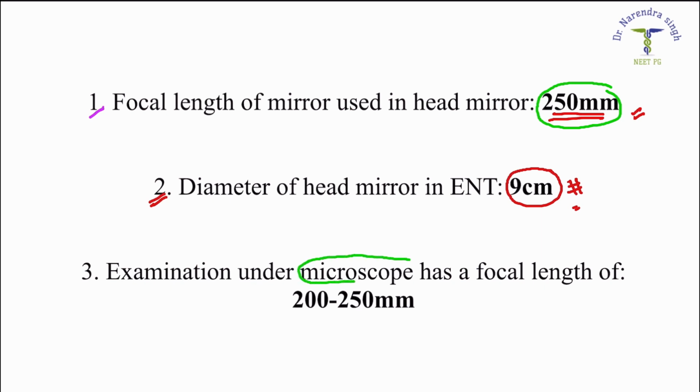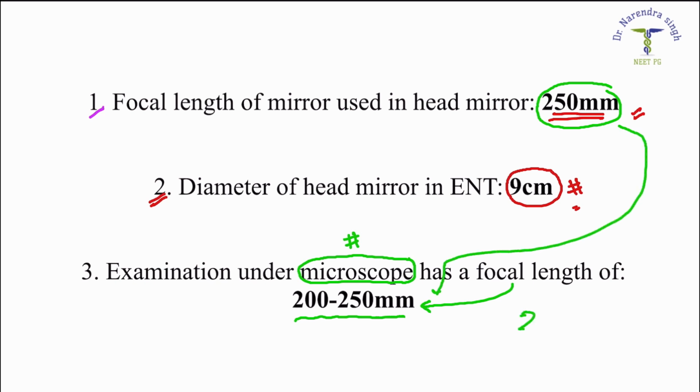The microscope commonly used for ENT surgeries has a focal length of 200 to 250 millimeters, which is similar to the focal length of the head mirror. For learning purposes, the head mirror focal length is 250 mm, whereas the examination under microscope has a focal length of 200 to 250 mm.